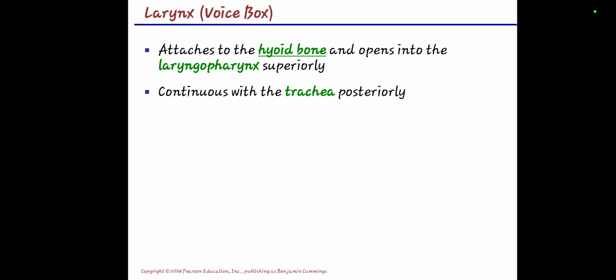Your larynx is what makes it possible for you to make sound and to communicate, because it is your voice box. It lets air pass from your throat to your trachea and onto your lungs.